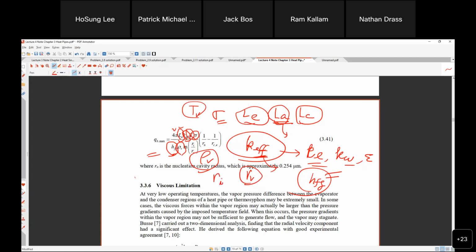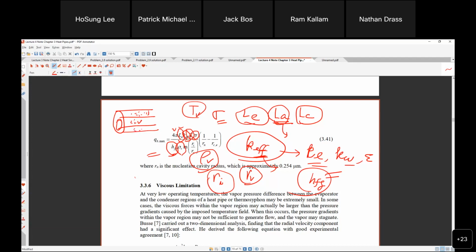What is the RI? Maybe you have a question. RI is a pipe, and there is a vapor and the wick. Okay, so vapor diameter, wick diameter.